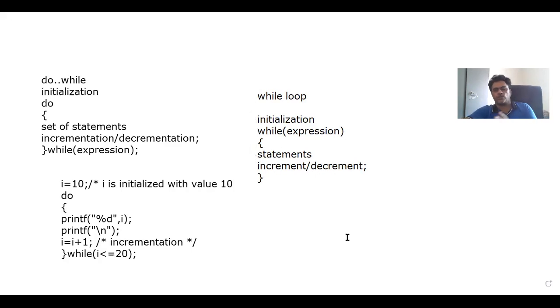So what is the main difference between the do while and while loop? Only one thing: in do while, first the execution part will complete, then the condition will be verified. Whereas in while loop, first it will look for the condition. Once the condition is satisfied, then only the statements in the loop will be executed. In do while, the statements in the loop will be executed first.